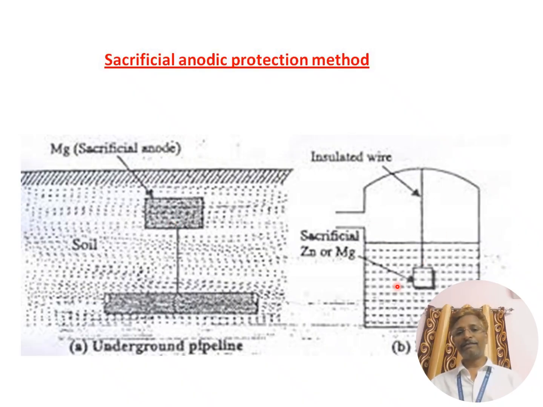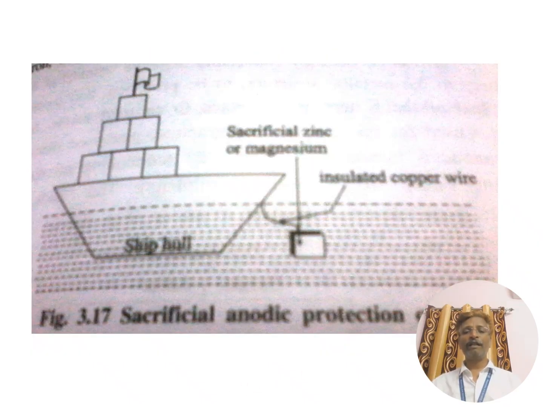Another one, the same thing in industry: this is the case of a boiler. Corrosion may be avoided by connecting it with magnesium or zinc. This technique is also applied in ships. On the ship, there is a more oxygenated part and a less oxygenated part, so differential aeration corrosion will occur.